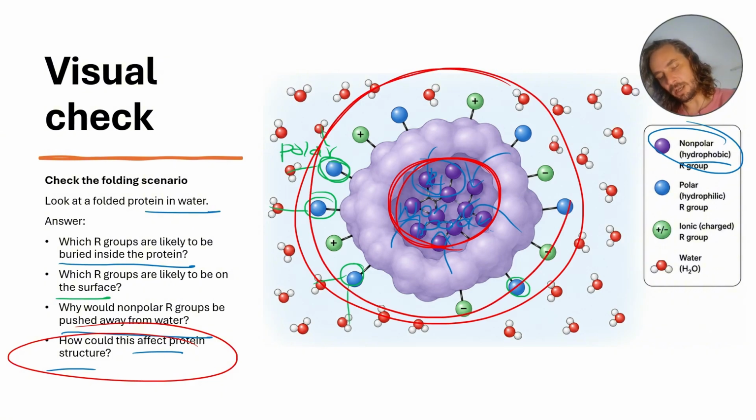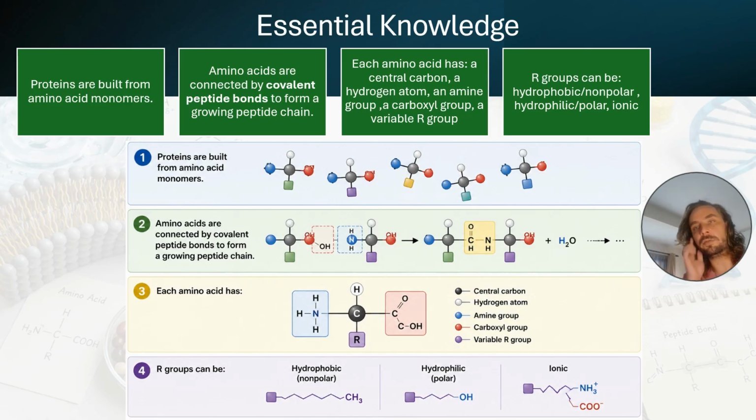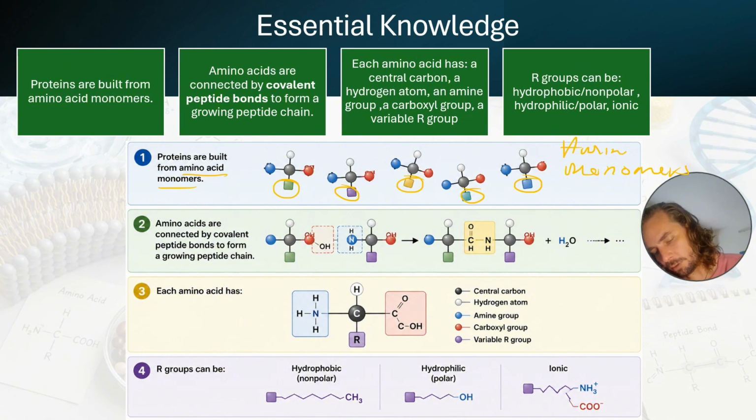The essential knowledge for today: proteins are built from amino acid monomers. These are my different R groups. So these are all different amino acids, and these are my monomers, which are amino acids.